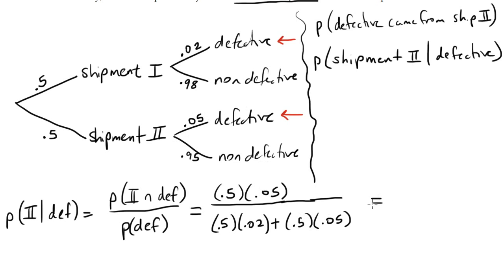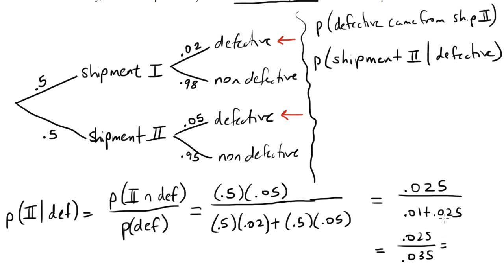Now we just have to do this calculation. What's 0.5 times 0.05? 0.025, right? 0.5 times 0.02. It's 0.01, isn't it? Plus 0.025. This is 0.025 divided by 0.035.